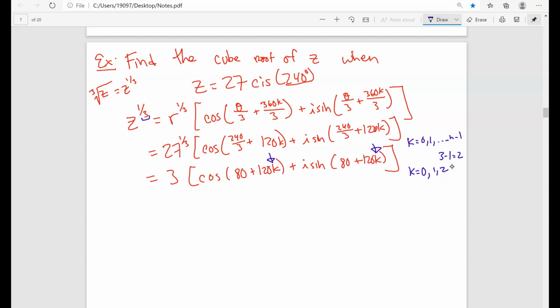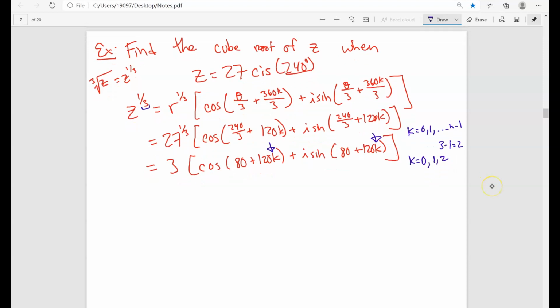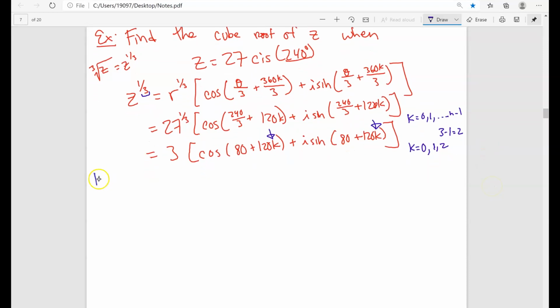So that's how I'm going to find all my 3 roots. So plug in the values of k equals 0, 1, and 2. So we're first going to start off with k equals 0. So we're going to have 3 cosine of 80 plus 120 times 0 plus i sine of 80 plus 120 times 0.